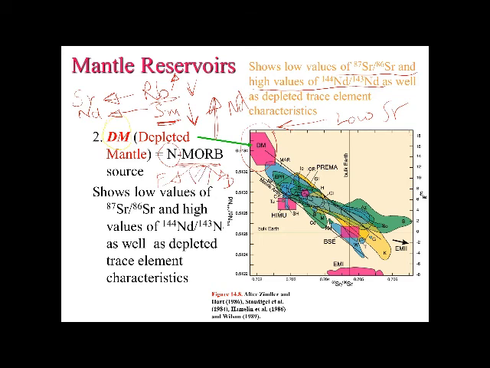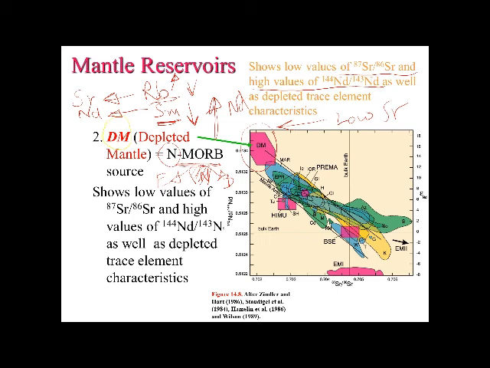The majority of MORB is N-MORB, but some compositions are E-MORB, and some are D-MORB.